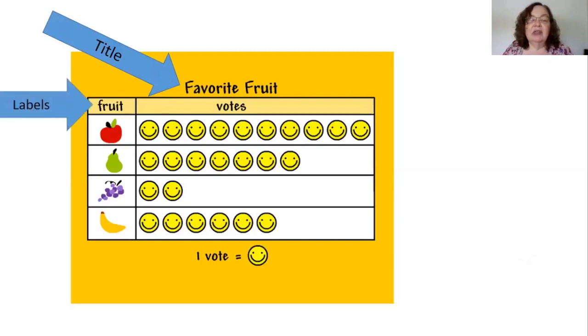I also have labels, and you see I have a fruit, and there's pictures of fruits, and it says votes, and I see those happy faces to represent the votes. But the biggest part with a pictograph is down here at the bottom where it says key. The key tells me that one happy face means one vote.